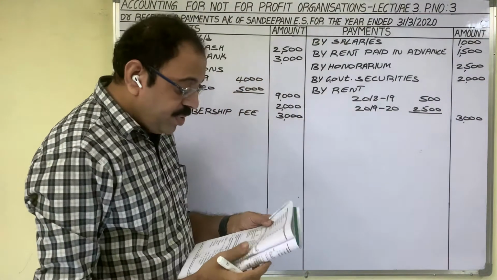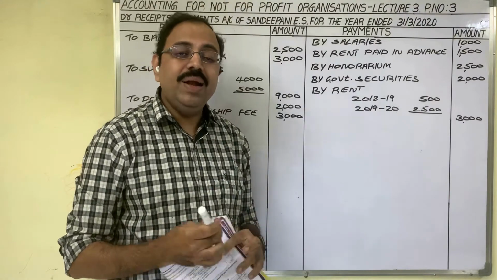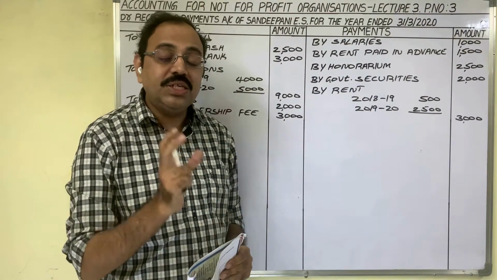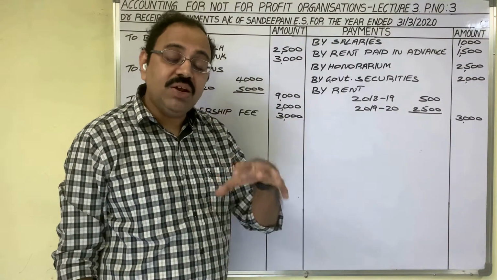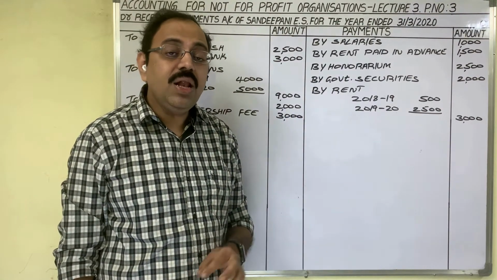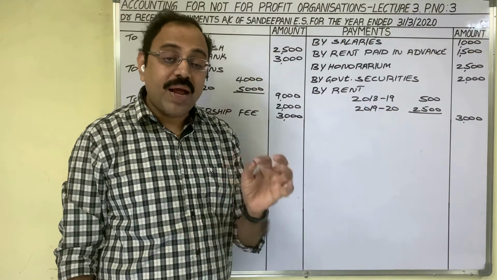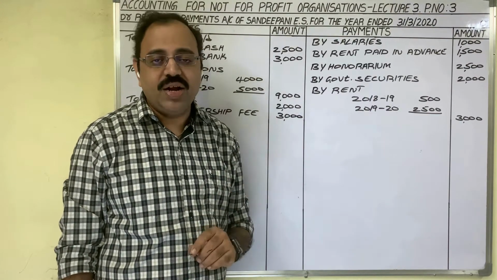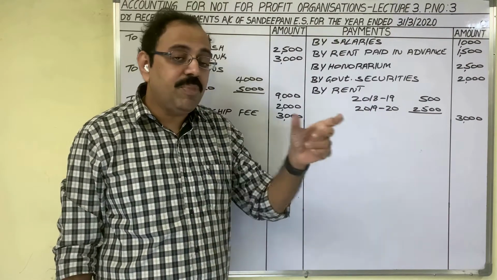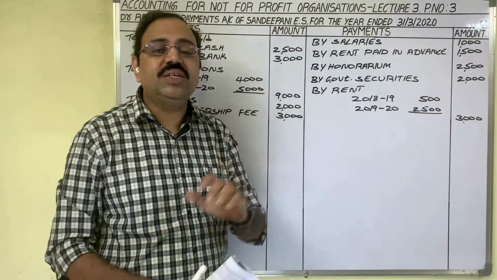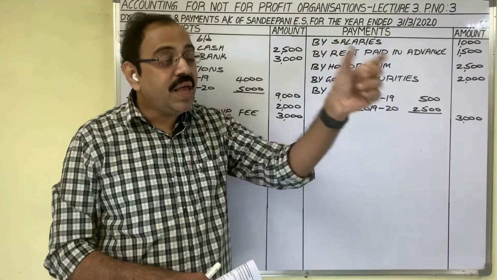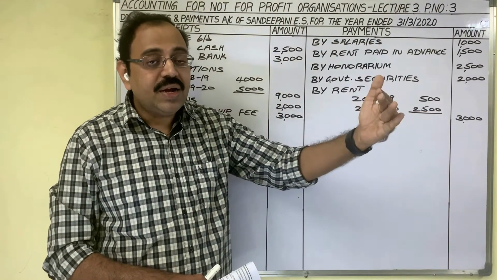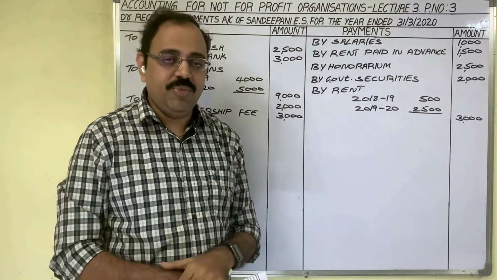Next, building fund received. Building fund is a special fund. This organization maintains special funds like this, for example building fund, prize fund, tournament fund, a fund which is maintained to purchase any fixed asset. So related to that fund, if they incur any expenditure, they deduct that expenditure from this fund amount.